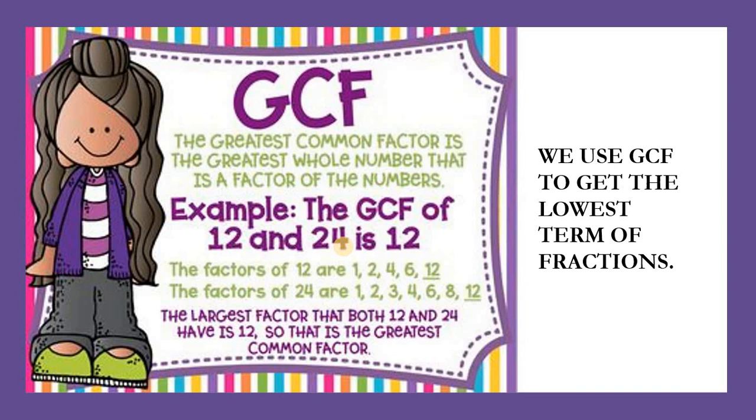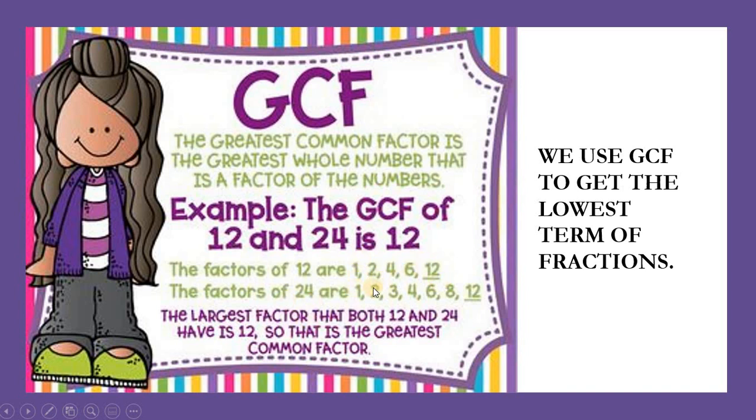Now, before that, just a reminder, pag sinabi natin greatest common factor, it is the greatest whole number that is a factor of the numbers. Okay, so for example, the GCF of 12 and 24 is 12. Kasi kukunin natin yung factors nila. Factors of 12, we have 1, 2, 4, 6, and 12.